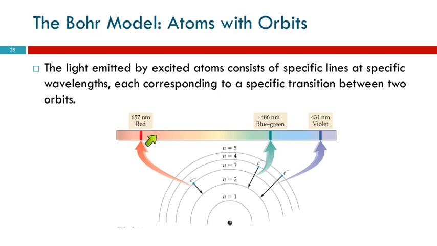And so there's no transition here that's between 657 nanometers and 486 nanometers. Does that make sense? So each of the lines that we see on one of these element spectra corresponds to a particular transition of an electron within the atom.